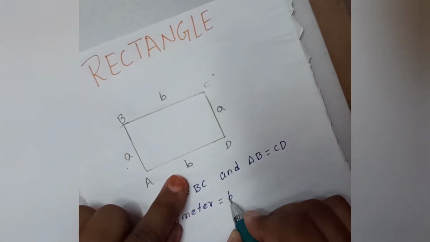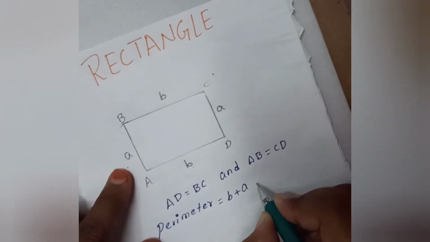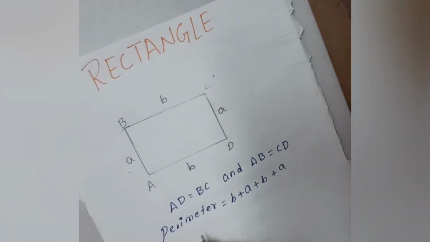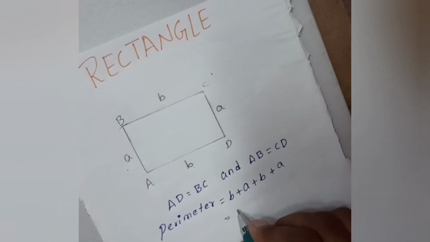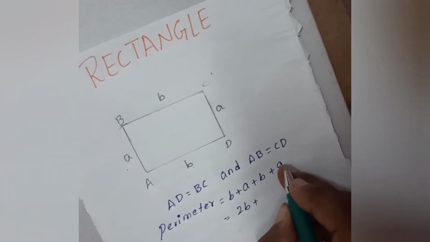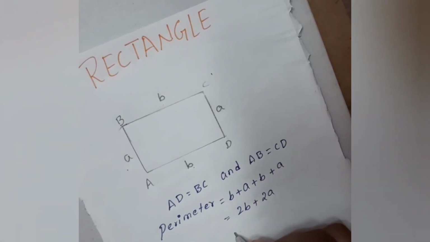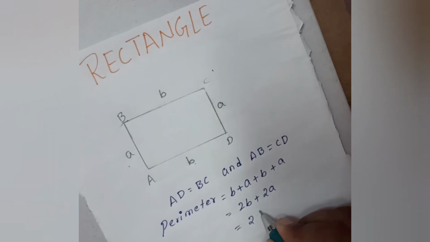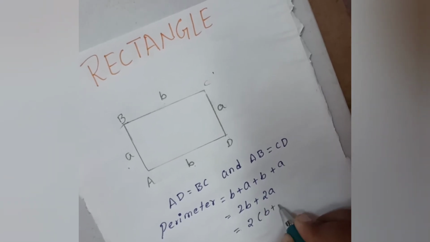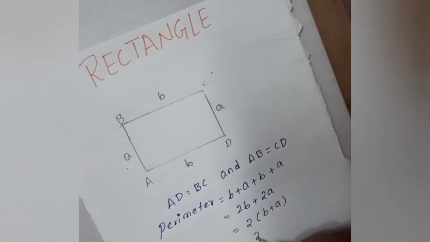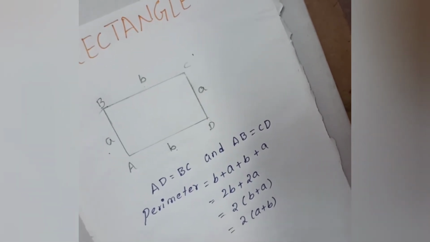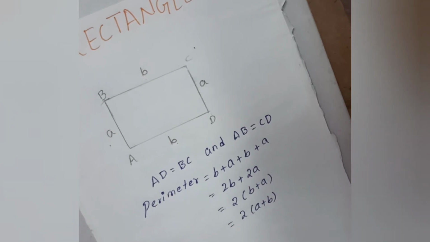Here B plus A, this side again B, and this is A. So B plus B, 2B, A plus A, 2A. Here 2 is the common term. So we can take the 2 common and write A plus B. 2 into A plus B is the perimeter of the rectangle.